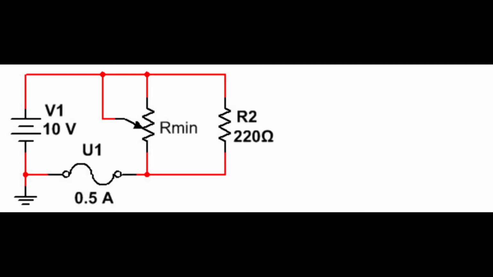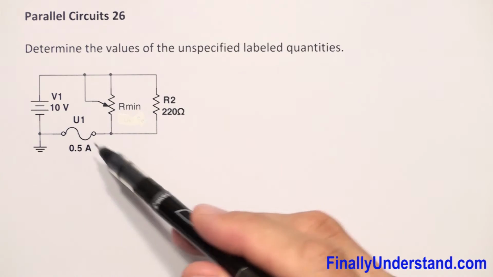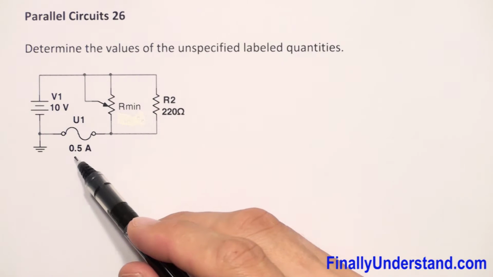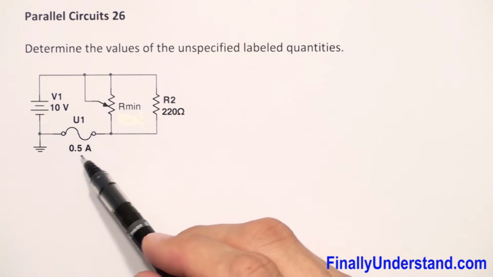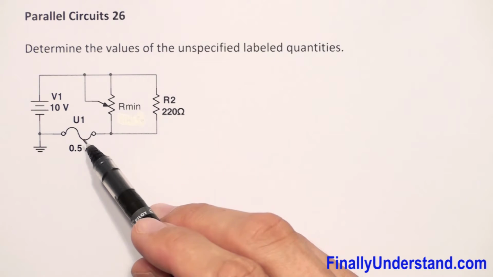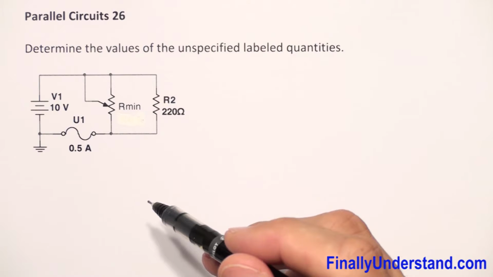Let's take a look at this example. This time we have a given voltage source, and we have a given fuse which is made for 0.5 amps, so it means 500 milliamps is the largest current which can flow through this fuse.